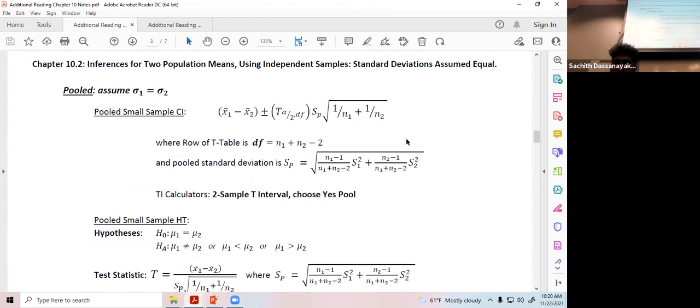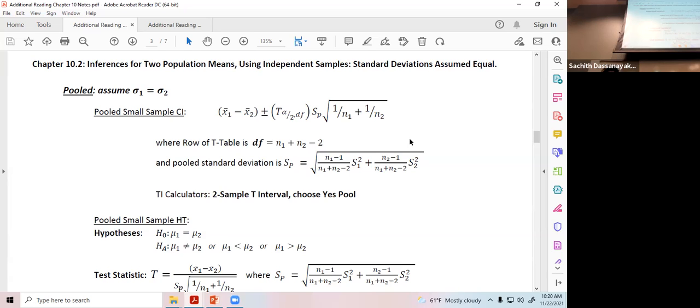I need to show you something. If you are using the pooled t-test, which means you are dealing with pooled standard deviation, that's about section 10.2.